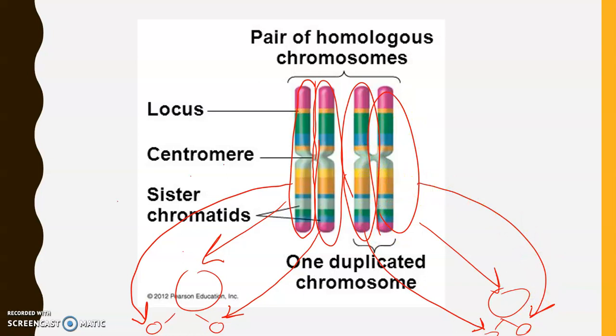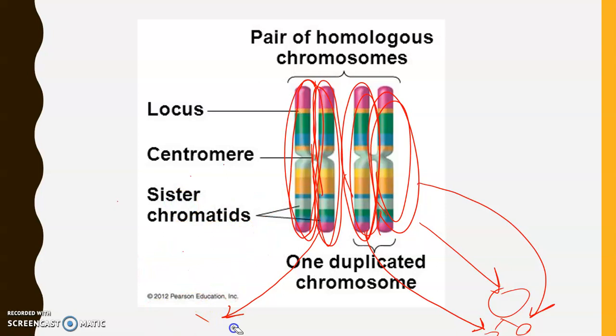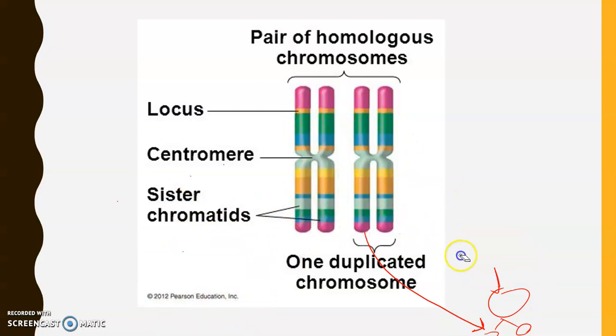So in that case, each of the daughter cells only has half of the DNA. They either got what you got from your dad, or they get what you got from your mom. They don't get both. What does that mean? Has anyone in your family ever told you that, oh, you have your grandpa's blue eyes, or oh, you have your grandmother's smile, or you have your papa's teeth, or your mama's curly hair, or something like that?